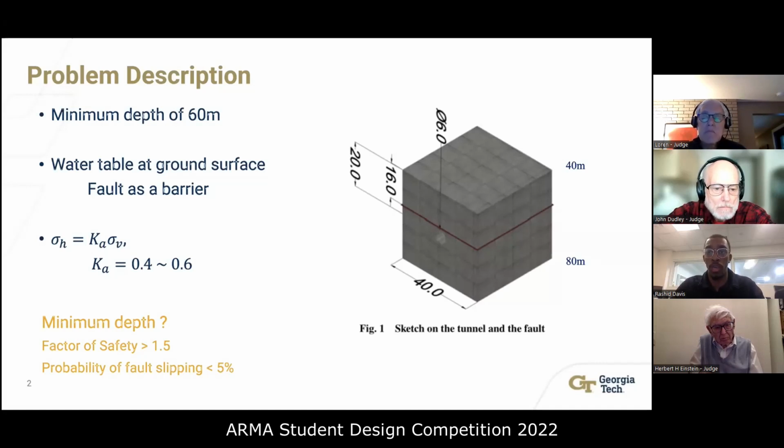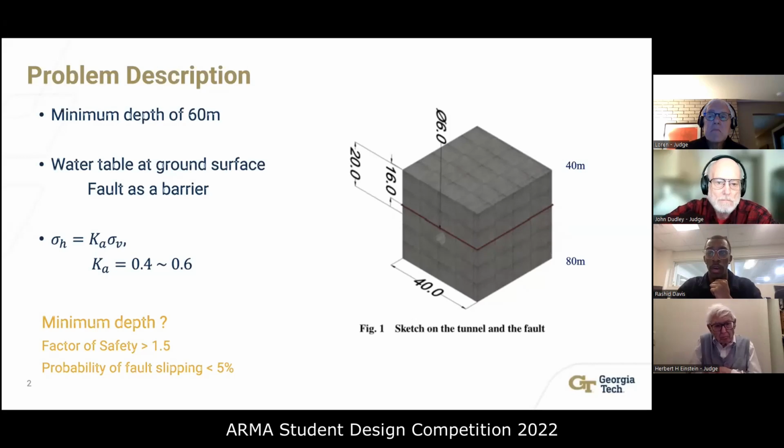From the PowerPoint slide, you can see a sketch of the tunnel model in figure 1. The model presents the rock at a depth of 40 meters to 80 meters and 20 meters around the tunnel, which is also the dimensions used in the numerical simulations that we did.